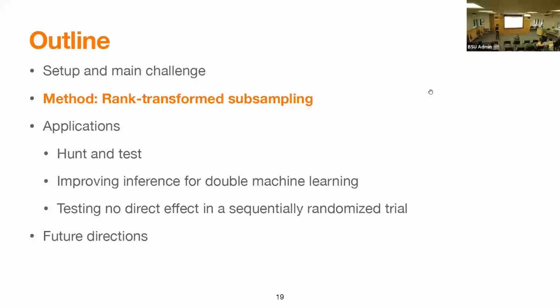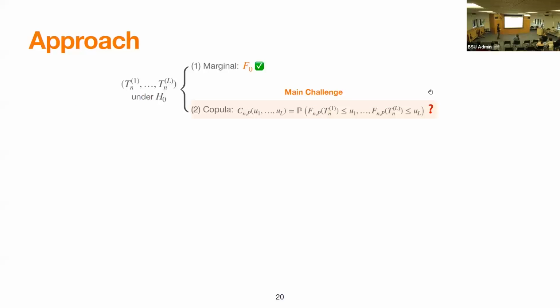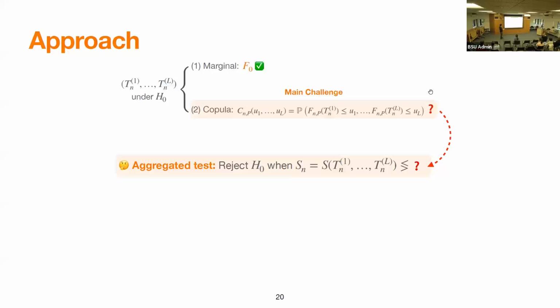Okay, so I'm going to introduce my approach here. As we have already seen, the problem seems to be this unknown copula that prevents us from determining the proper critical value for the aggregated test. So the simple proposal is to estimate this unknown copula non-parametrically, and in particular, to use subsampling to do so.